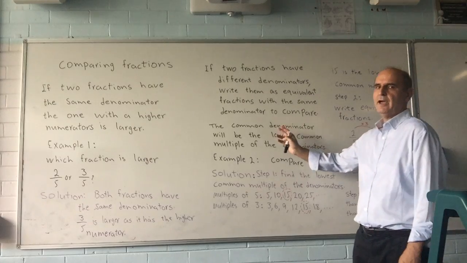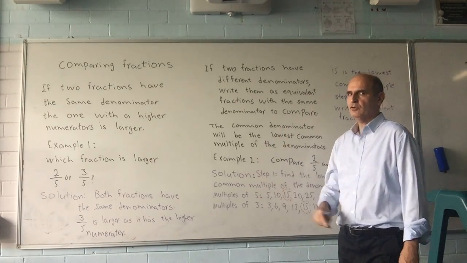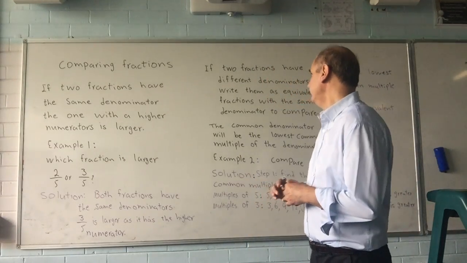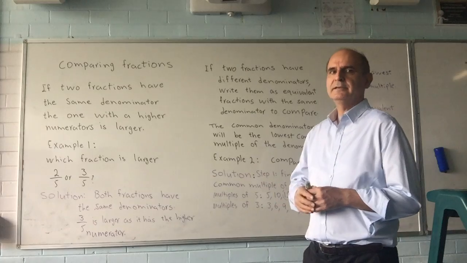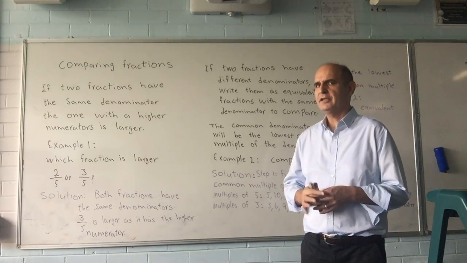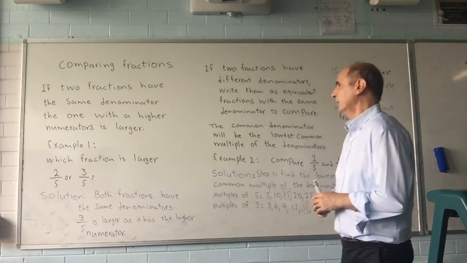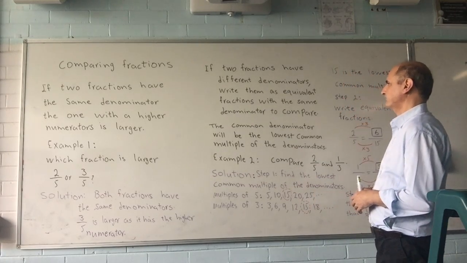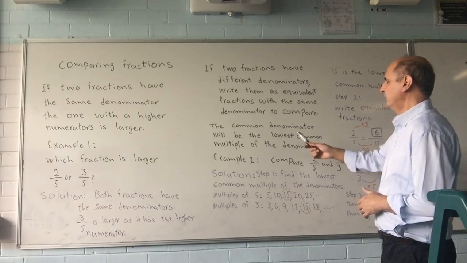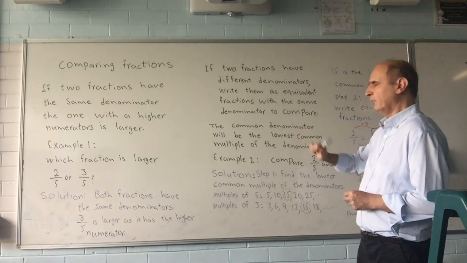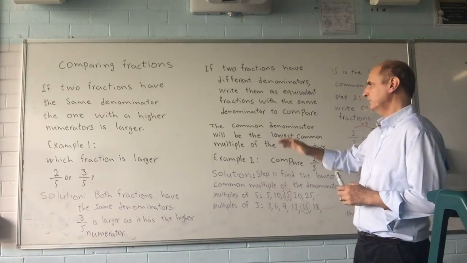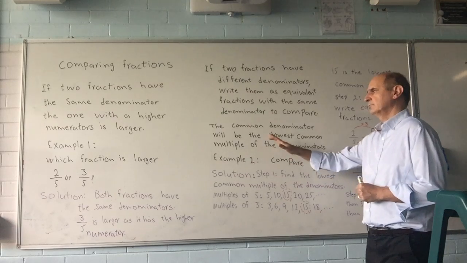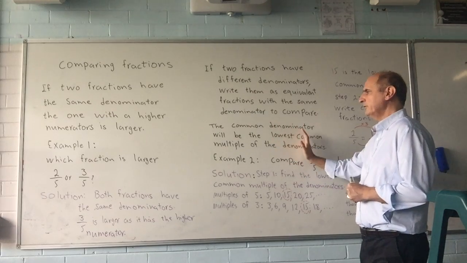But what if we don't have the same denominators? If we don't have the same denominators, we need to use equivalent fractions to get them to have the same denominators. Basically, we call it a common denominator.